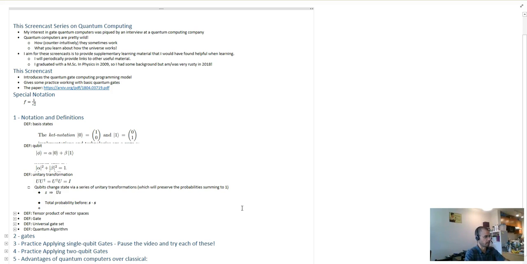The total probability after, we do the same thing, but with the new vectors. Sorry, this is not the dot product because we need to take the complex conjugate of this.